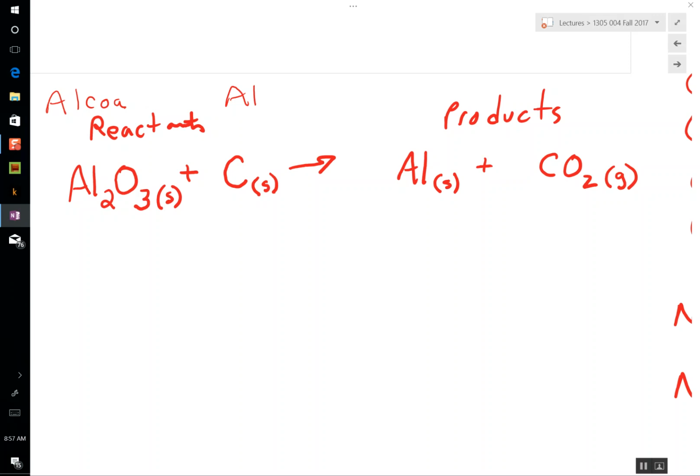Balanced. I've got two aluminums represented here and I only have one aluminum coming out over here. Not balanced. I have three oxygens and I have two oxygens. So my aluminum and my oxygen are out of balance. I don't have the same amounts coming out.